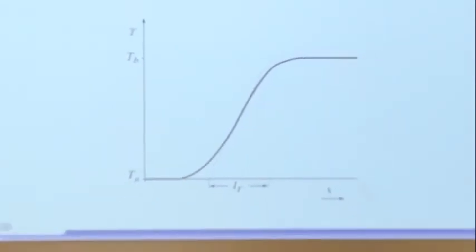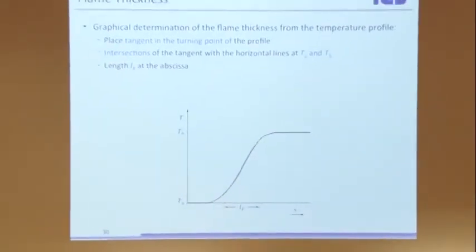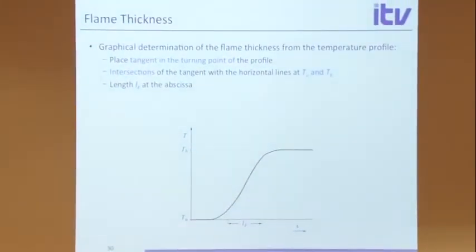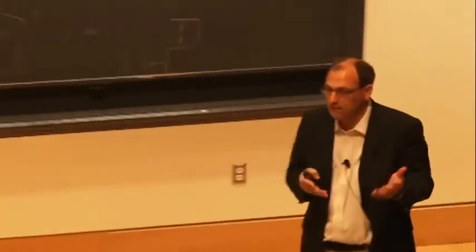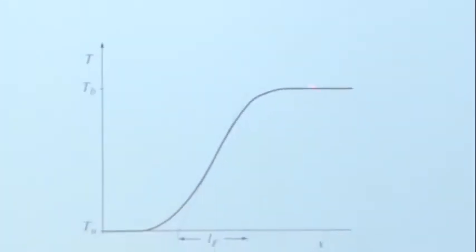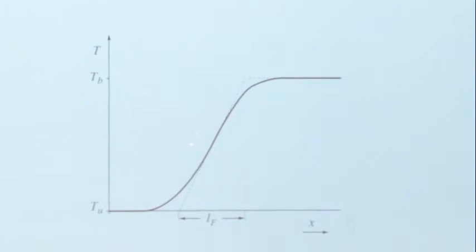Okay, we just defined the flame thickness, but we can also say, well, how would you define really a flame thickness? We just said, from scaling arguments, this is how a flame thickness could be. We could also define it from an experiment. Let's say you have a temperature measurement in a flame that looks like this, and then here's how you define the flame thickness.